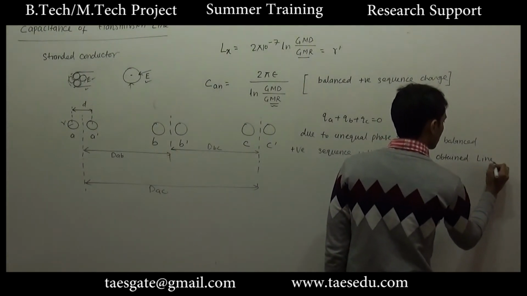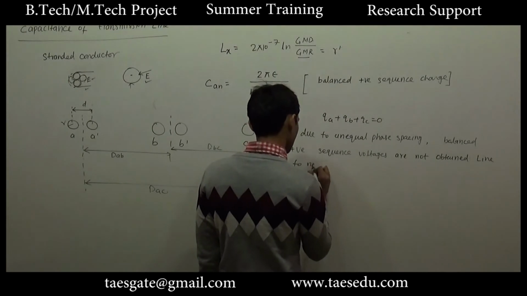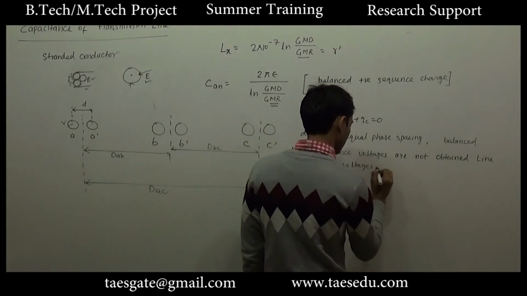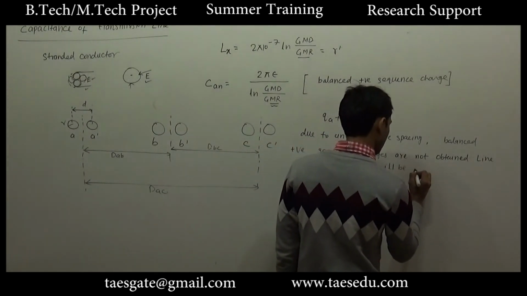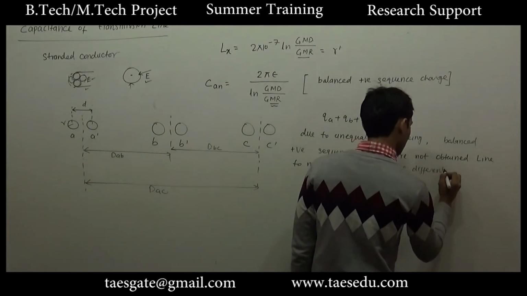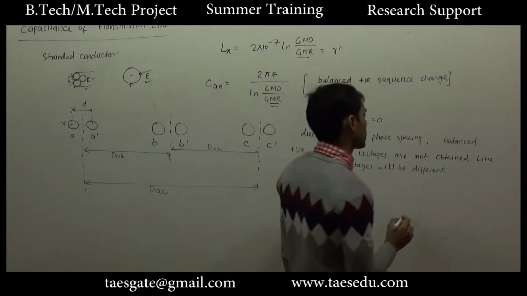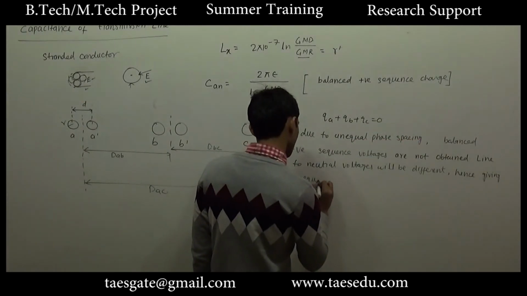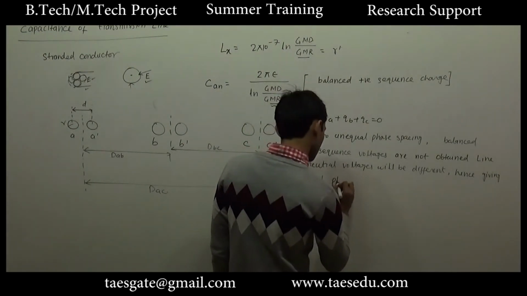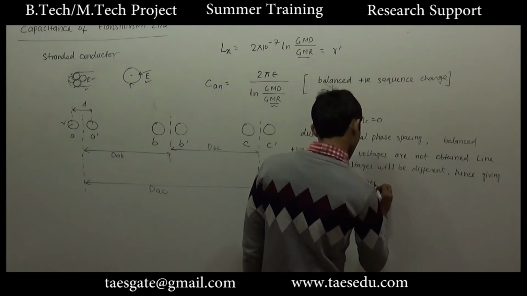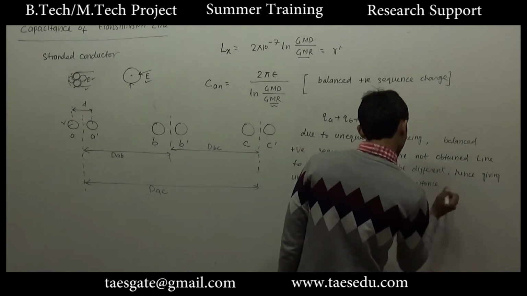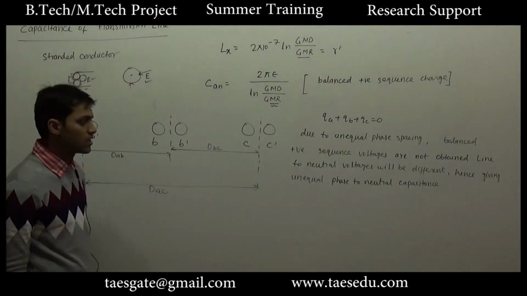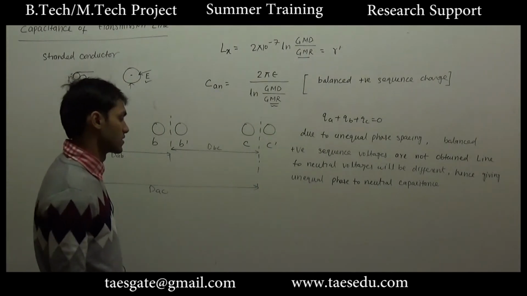So the line to neutral voltages will be different, hence giving unequal phase to neutral capacitances. But this can be avoided using the transposition of the line. The transposition I have talked about in the case of calculation of inductance.